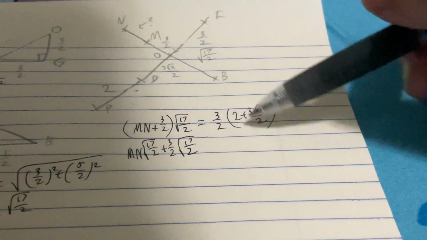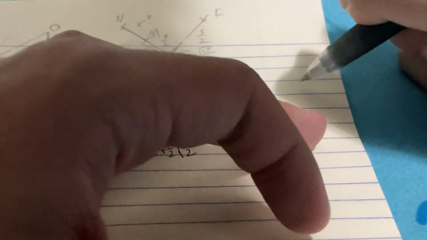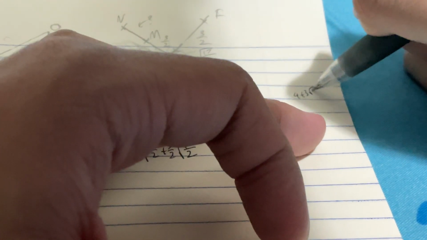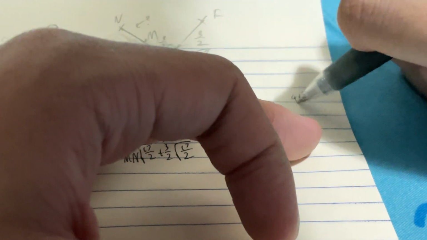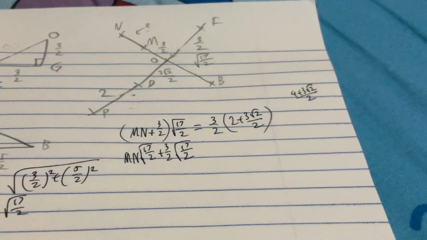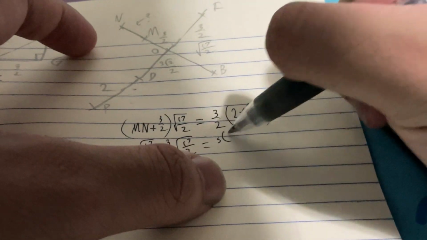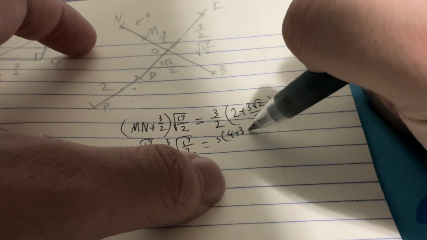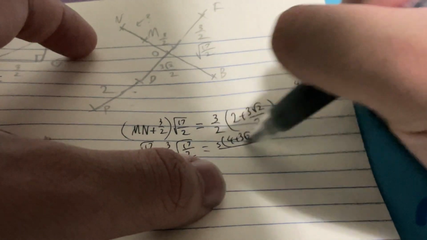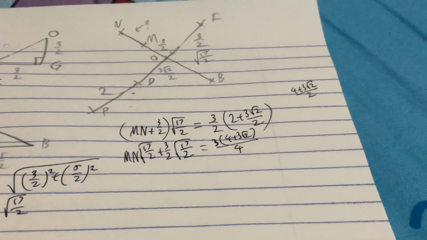And here I'm going to get the same denominator, so 2 times 2, which is 4. So we can get 4 plus 3 times square root of 2 over 2. And this thing times 3 over 2, we can get 3 times 4 plus 3 times square root of 2, and then 2 times 2, which is 4. So we can get something like that.